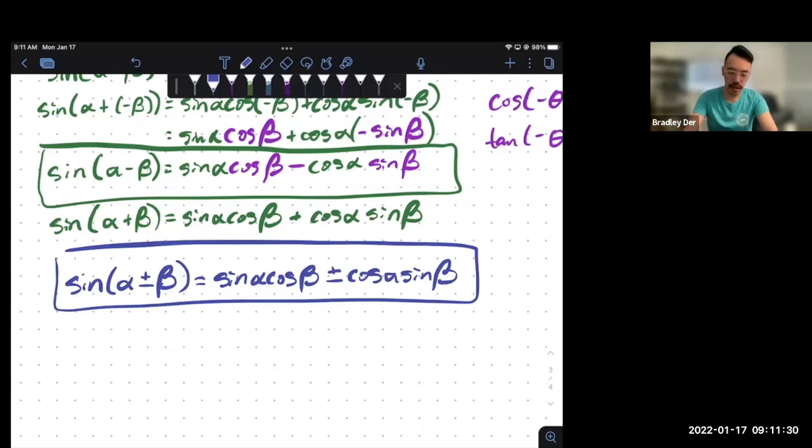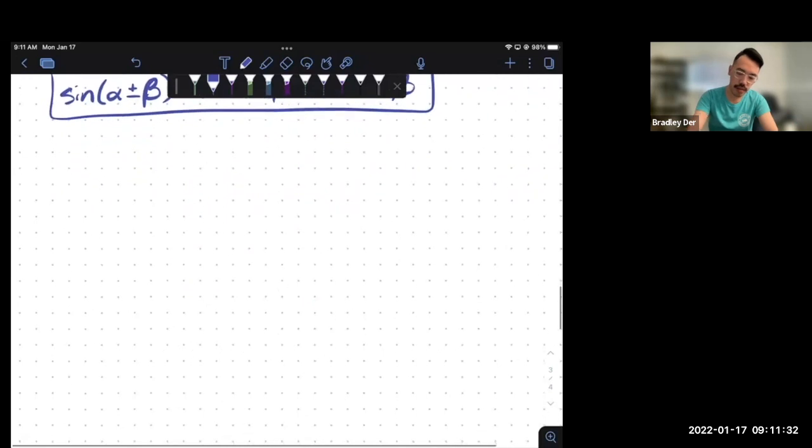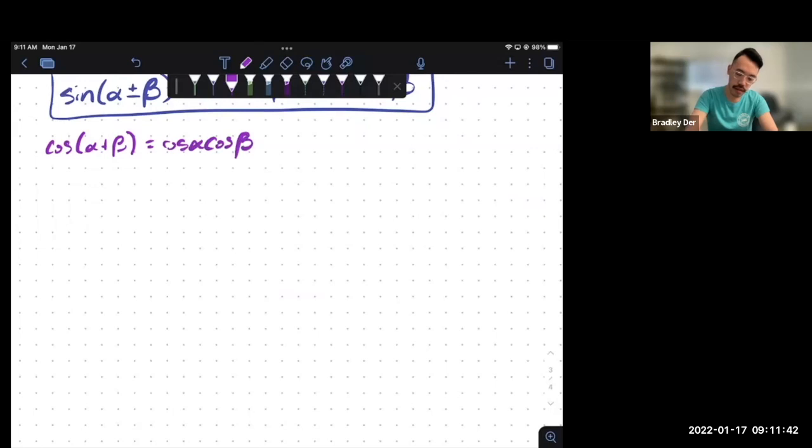Similarly, we've said how cosine of alpha plus beta equals cosine alpha cosine beta minus sine alpha sine beta.